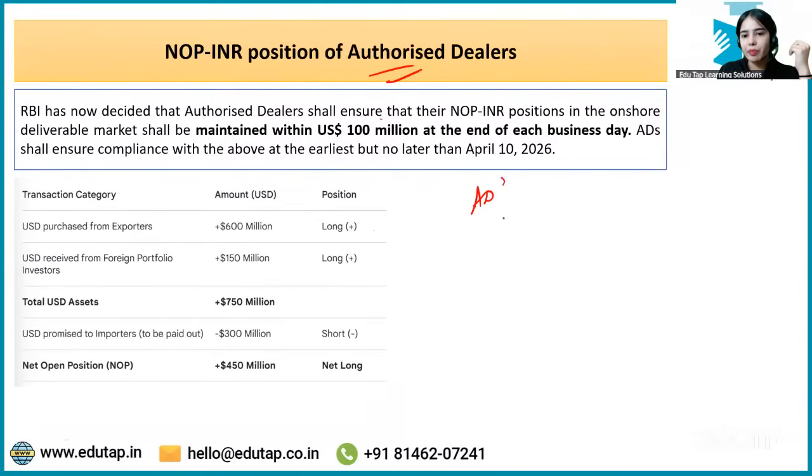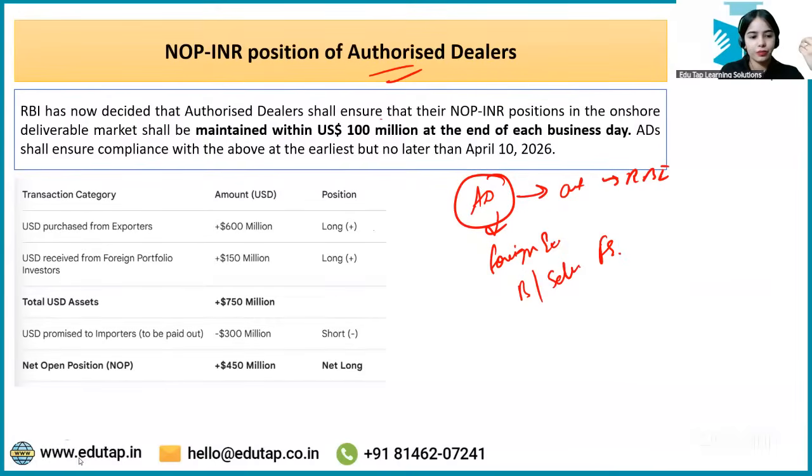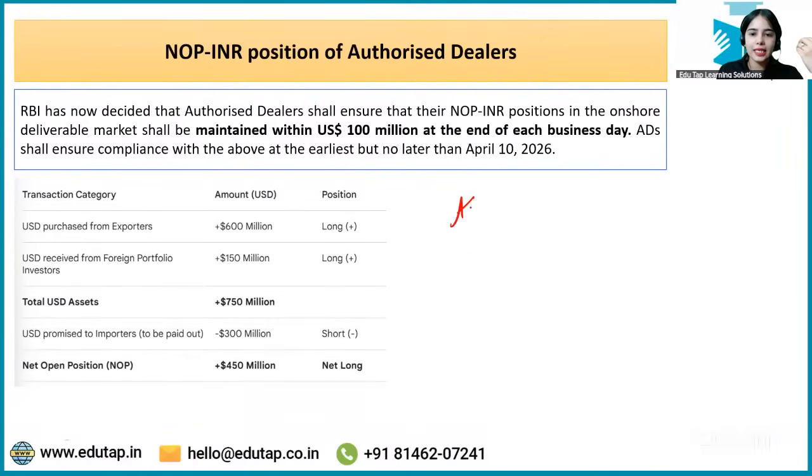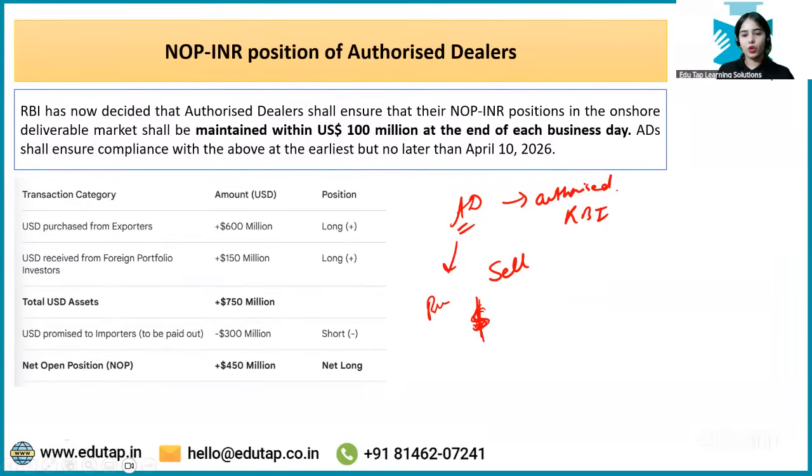Authorized dealers are basically authorized by the RBI to undertake the foreign exchange transactions, to undertake the buying and selling of the foreign exchange, of the foreign currency, right? They are authorized by the Reserve Bank of India to be able to buy and sell the dollars, or other foreign currency like the euro.